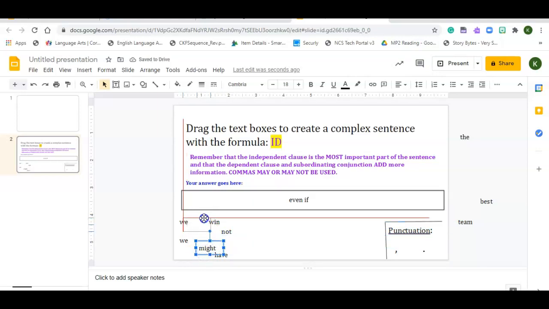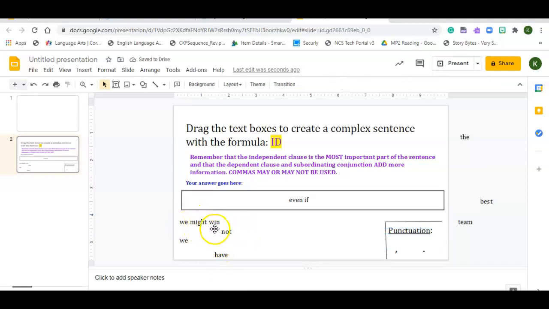So now I have we might win, okay? I have some verbs, we might win, and then I have we have not. So we have not. And let me look at the rest of the words. The best team. Oh, wait a second. The best team. That already flows together, right?